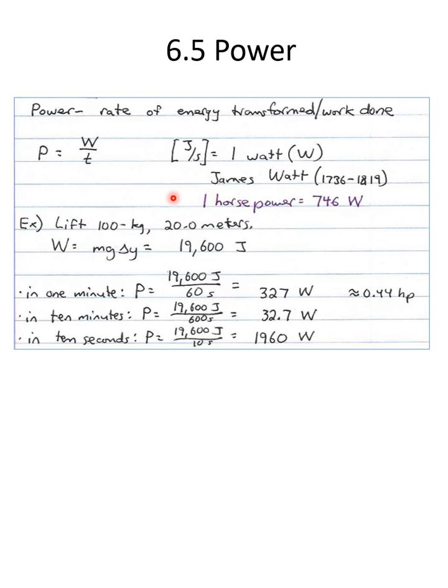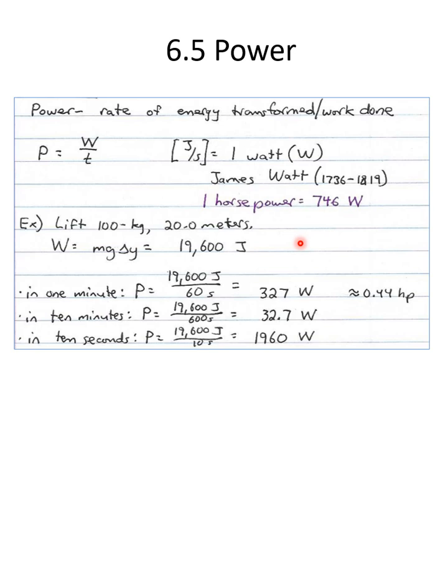So let's say we lift 100 kilograms and we lift at a distance straight up of 20 meters. Now the work done is, you already know, the force we apply times the displacement. So we do 19,600 joules of work: 100 kilograms times 9.8 newtons per kilogram times the displacement of 20 meters, and we get 19,600 joules.